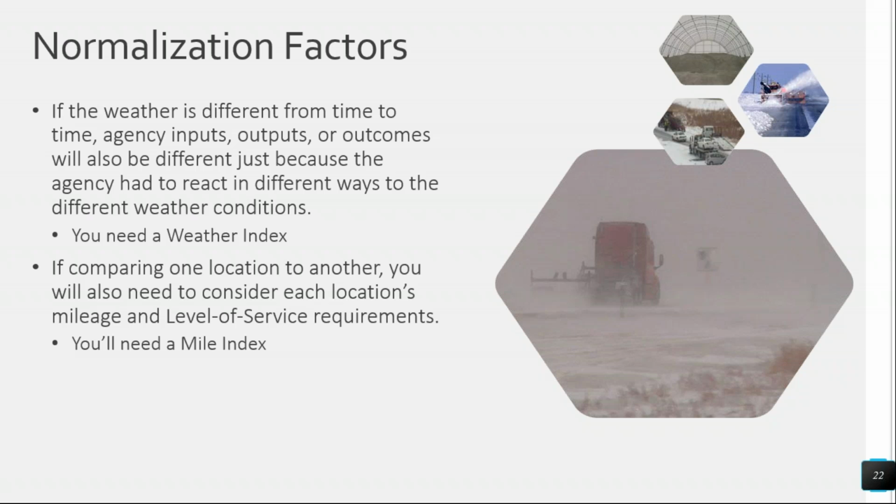You can't help that the interstate is busy and people rely on it. A maintenance supervisor would have to respond to that, and they can't just choose to treat it as a level B, where I guess they can. But there are some expectations that go with those types of roads. So that's where a mile index really comes in handy, particularly if you are going to be comparing one location to another.